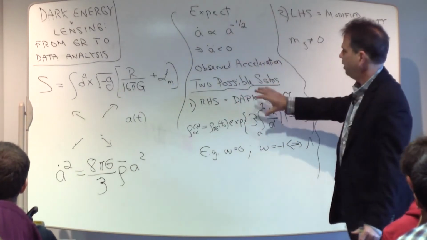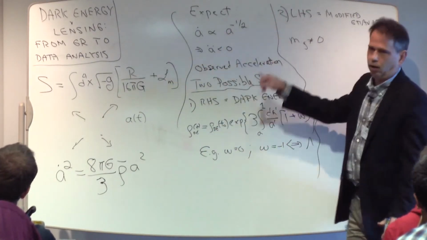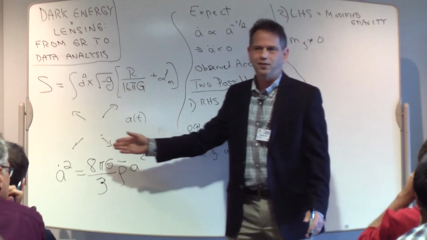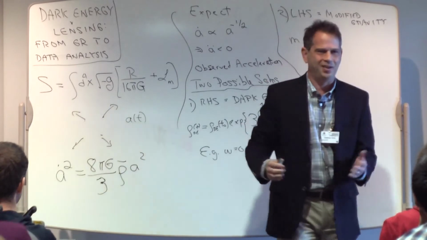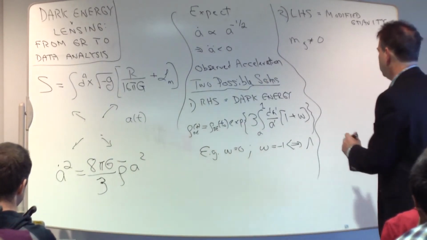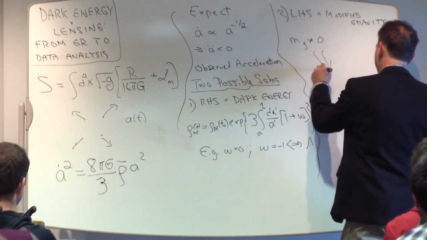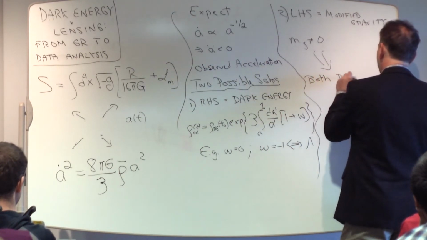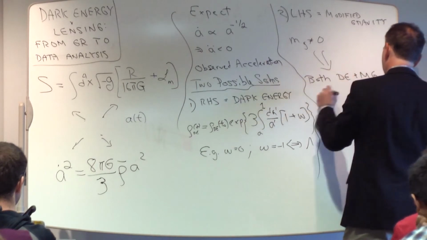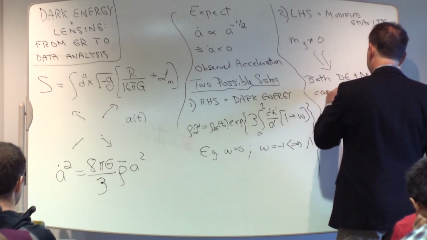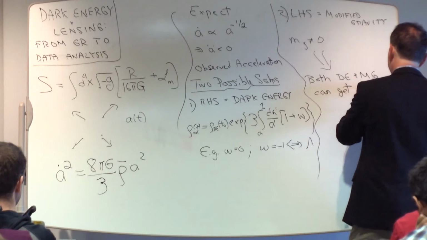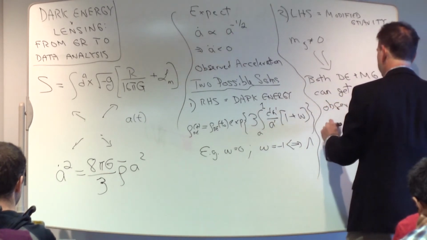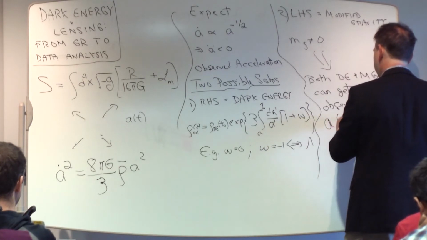Both of these names are a joke. So you can now laugh at the joke, because it obviously doesn't matter whether you put something on the left-hand side or the right-hand side, you can get the same equation, right? As a result, what we find is that both modifications, dark energy and modified gravity, can get any observed distance relationship, a of t.